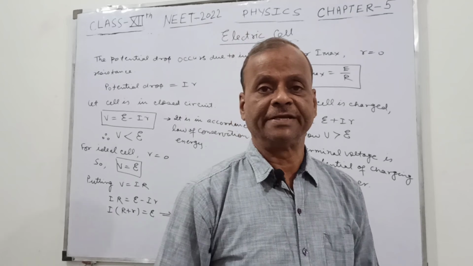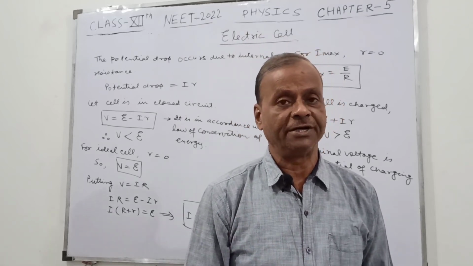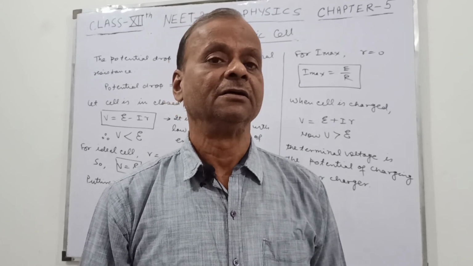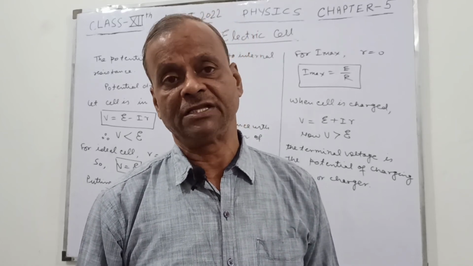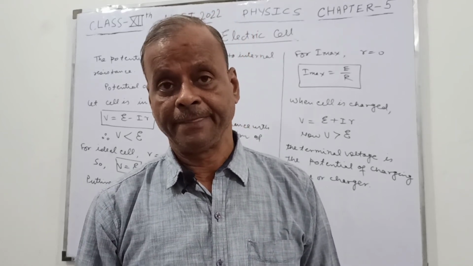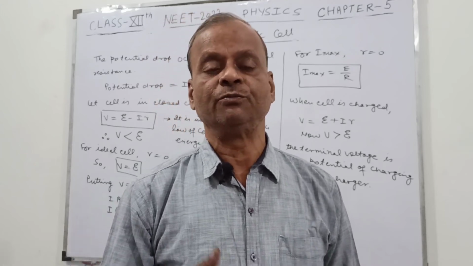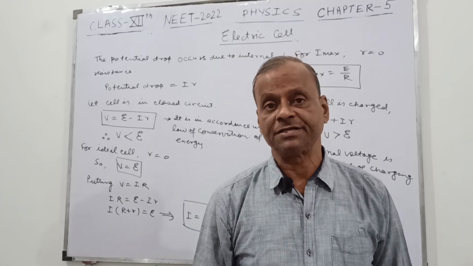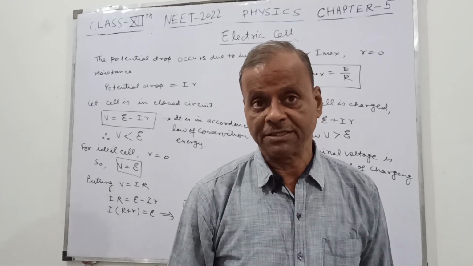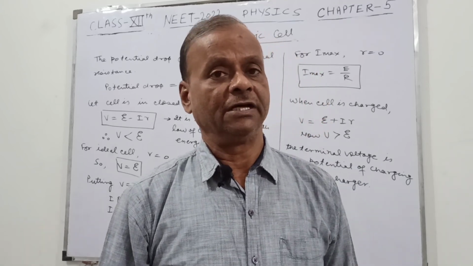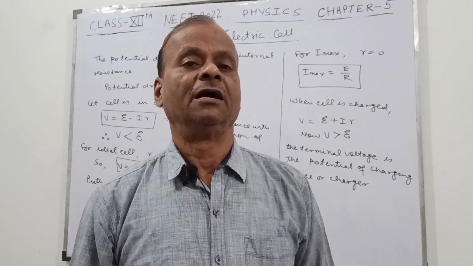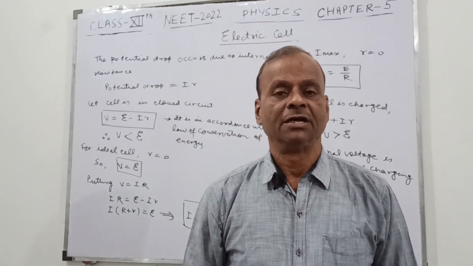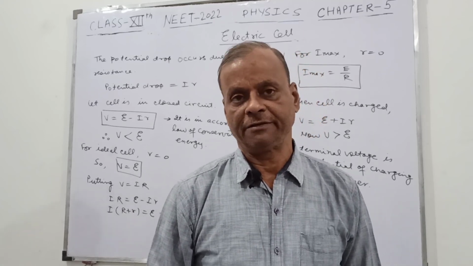When the cell is operated, the terminal voltage is always less than the electromotive force, and when the cell is charged, the terminal voltage is more than the EMF of the cell. The internal resistance is offered by the electrolyte when the ions move in the electrolyte. So this is about the electric cell.